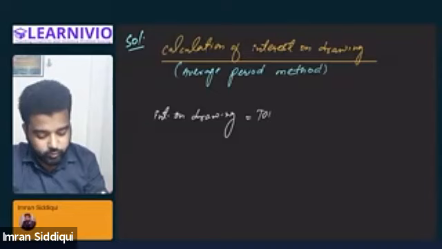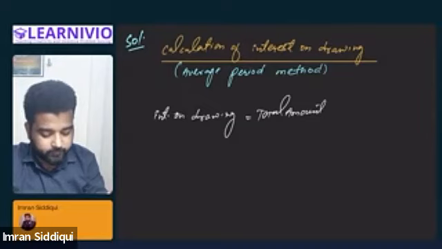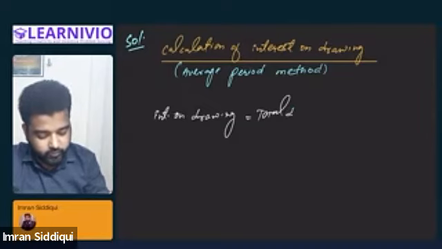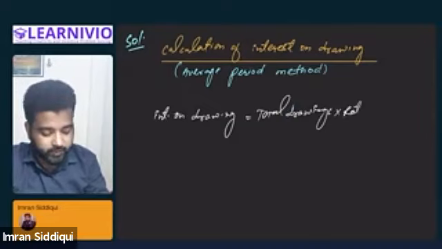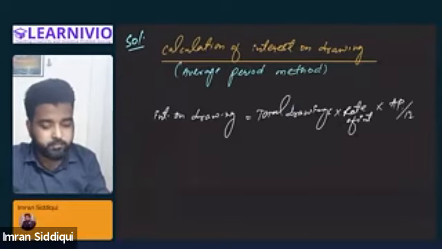Total drawings made by partner. Then we'll multiply the total drawing with the rate of interest applicable, and then we'll multiply this with the average period, and after that we'll divide it by 12.